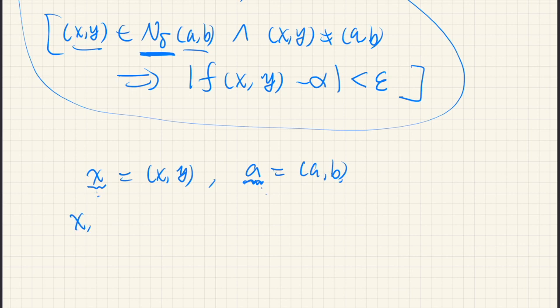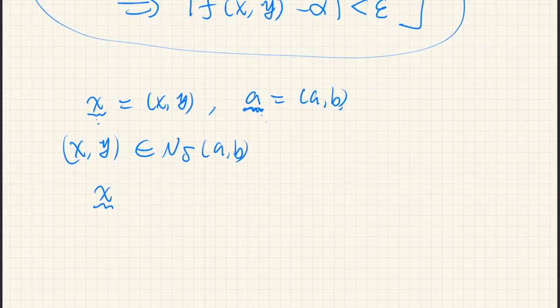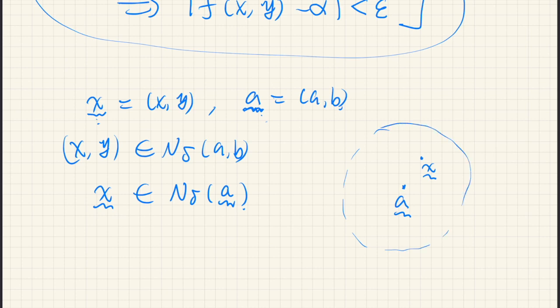So when we say (x, y) is in the delta neighbor of (a, b), what this really means is just that this point x is within the circle centered at a with radius of delta.